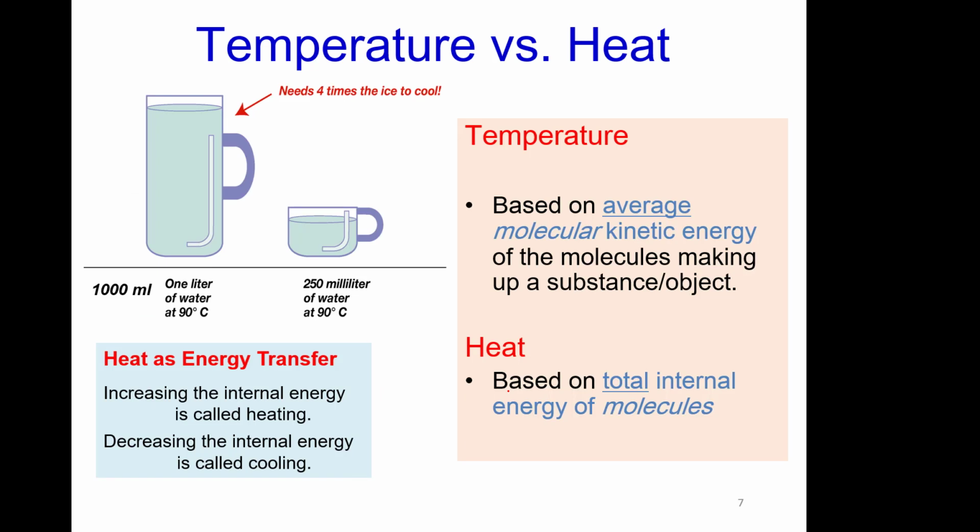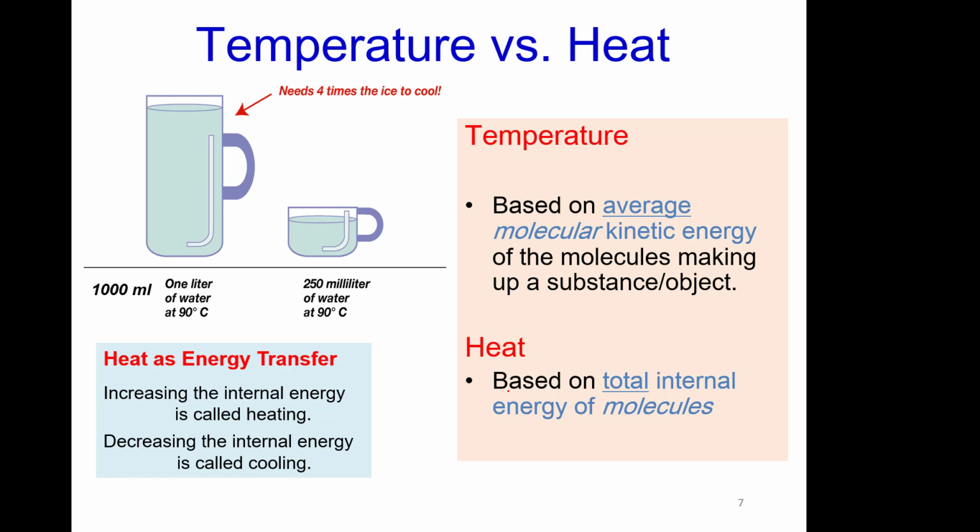Now, just to review, temperature is based on the molecular kinetic energy of the molecules that make up an object or a substance, but heat is based on the internal energy of the molecules.